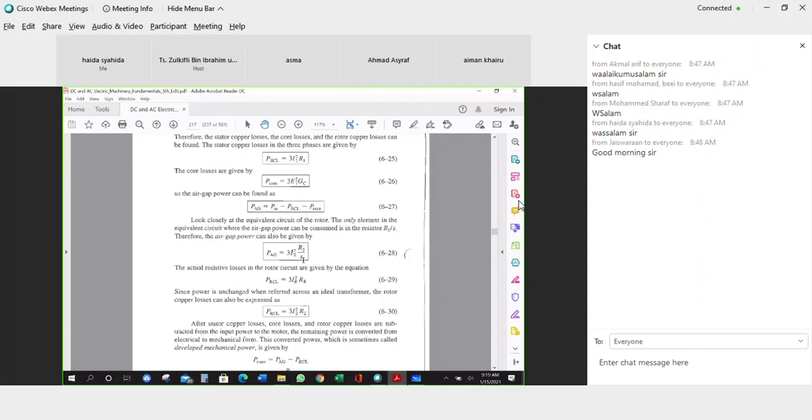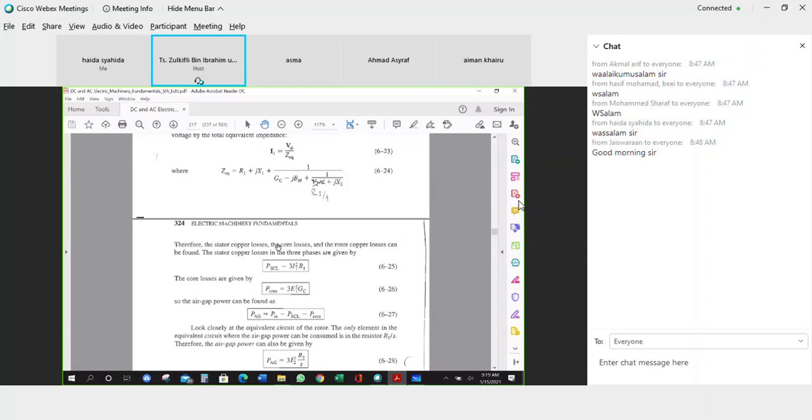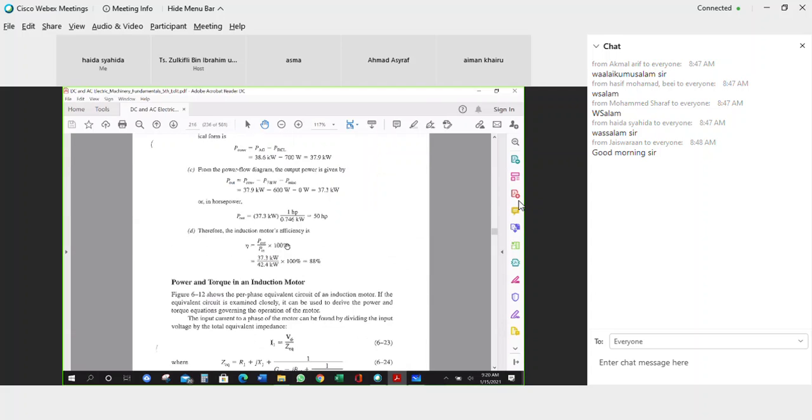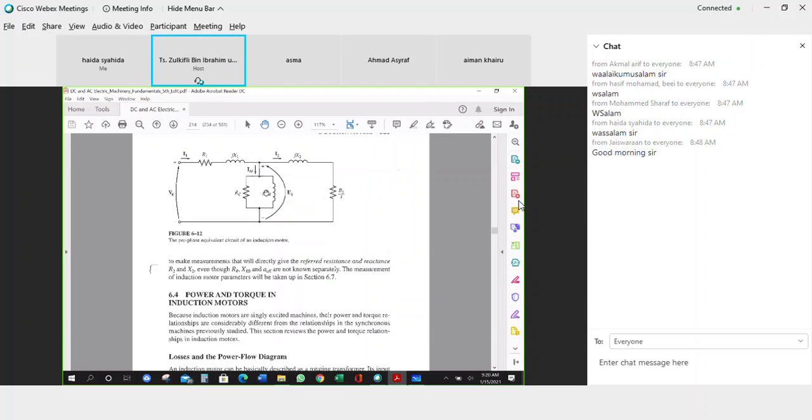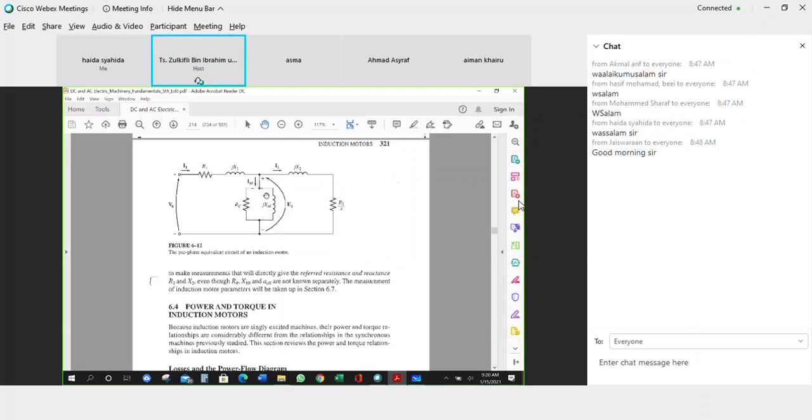You can refer to this figure 6-12, and use these parameters to find the air gap power, just like that.